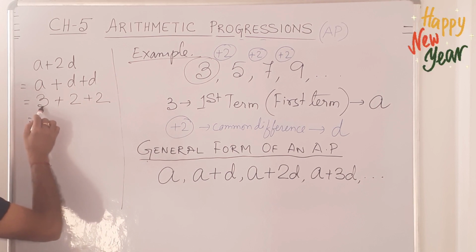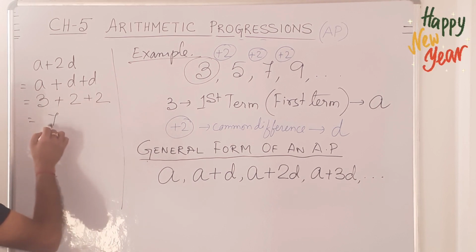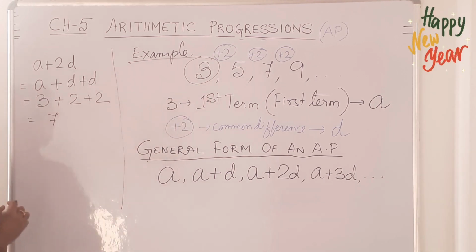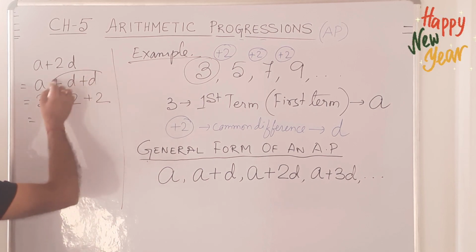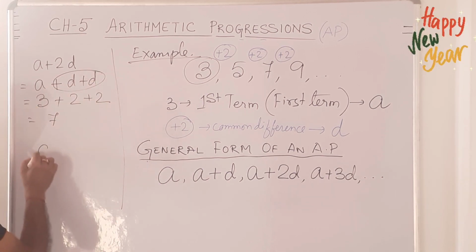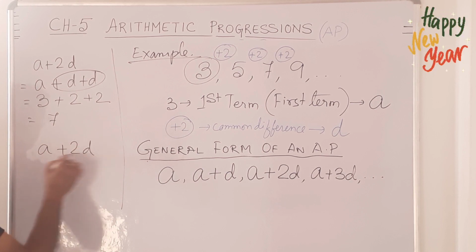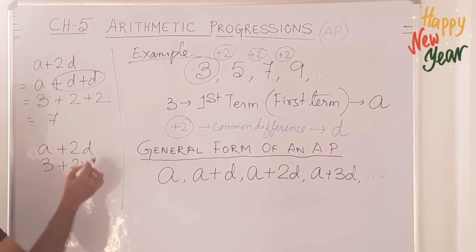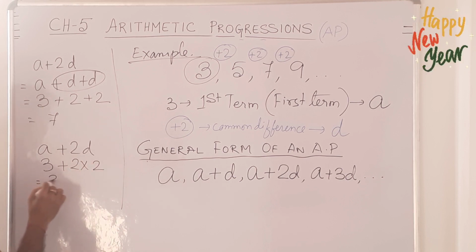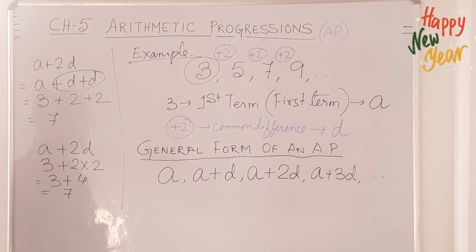So 5 plus 2, 7. You are getting 7. If we simply write A plus 2D, then A is 3 plus 2 into D, which is 2, so 3 plus 4, 7, in this way.